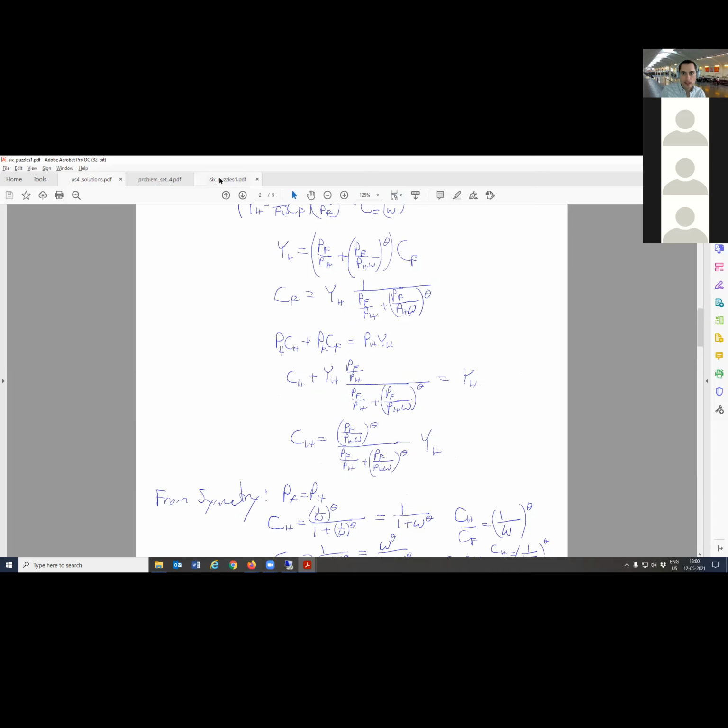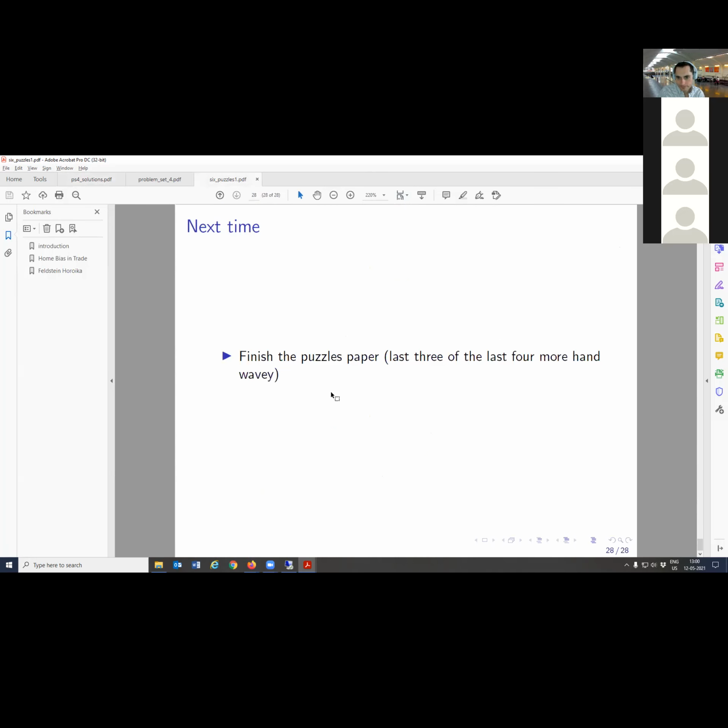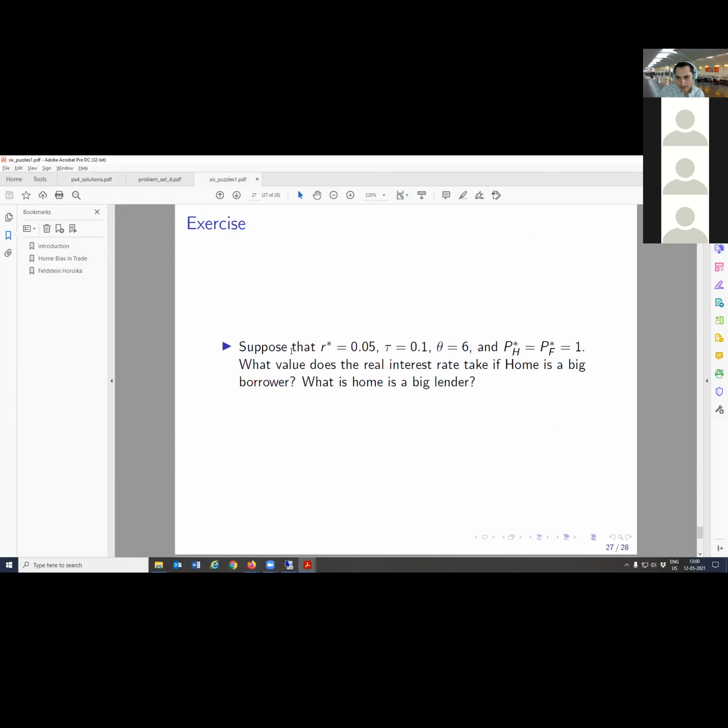Okay, if there are no questions, then let's move on to the second problem from the slides, which is this exercise. This one is actually pretty simple.